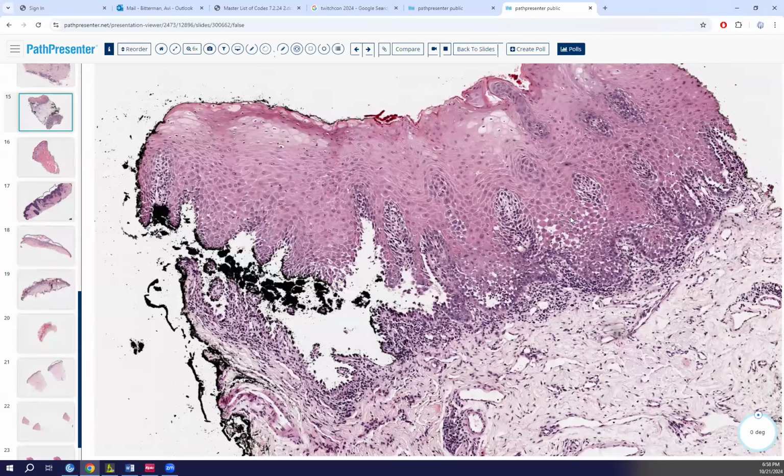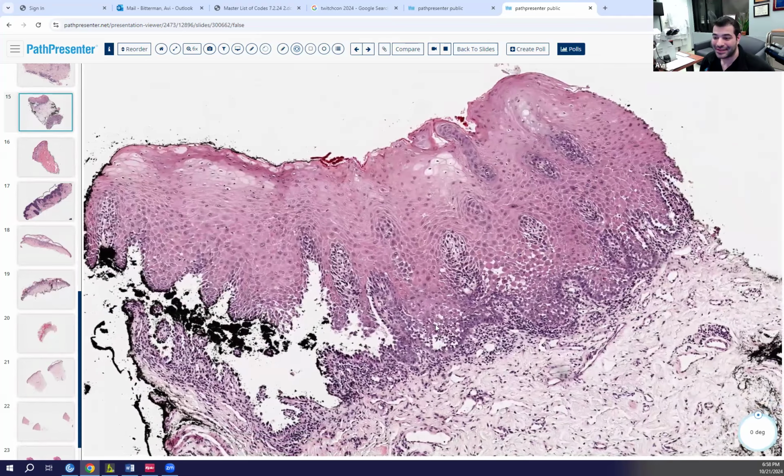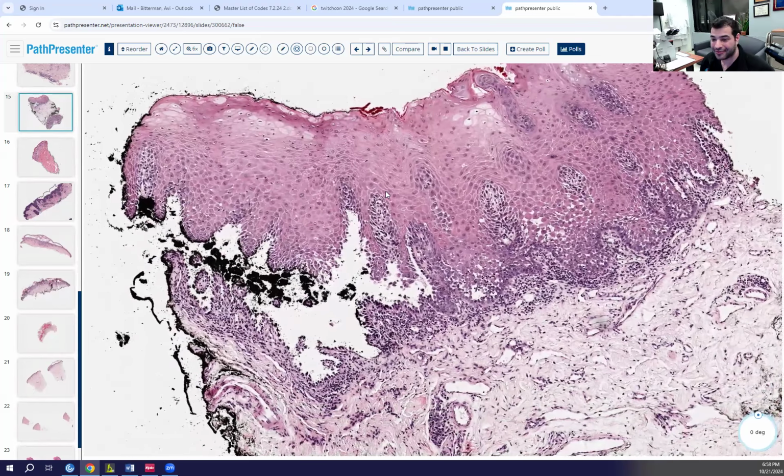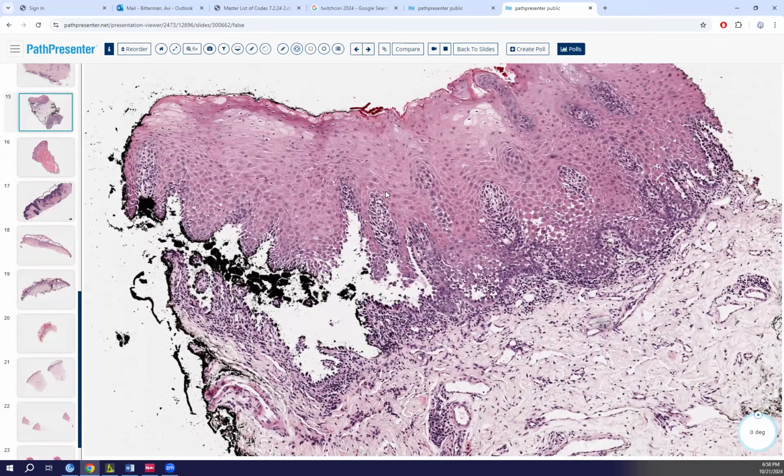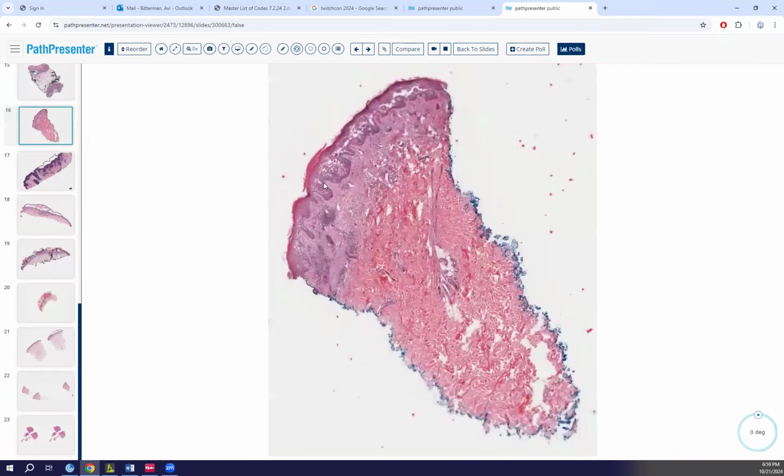Yes, all the time. What are you going to see on DIF? IgG and C3 in the intercellular spaces. Some people describe that as what kind of pattern? Chicken wire pattern, yeah.